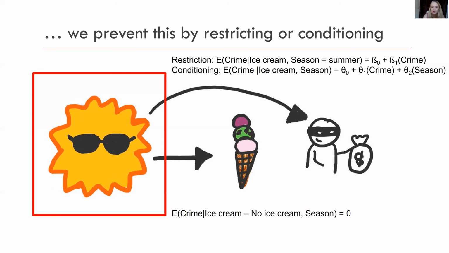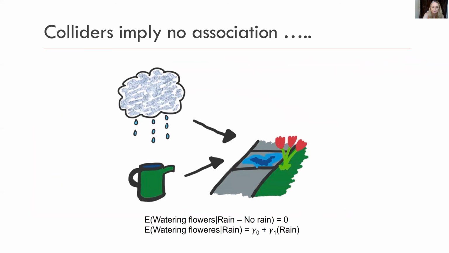So we could run a regression model where we include season as a term in our regression model. And when we do this, if this is the true causal DAG, we will expect to detect no association or no relationship between ice cream and crime, because our DAG here says that in the absence of that spurious relationship due to heat, there is no causal effect of ice cream on crime.